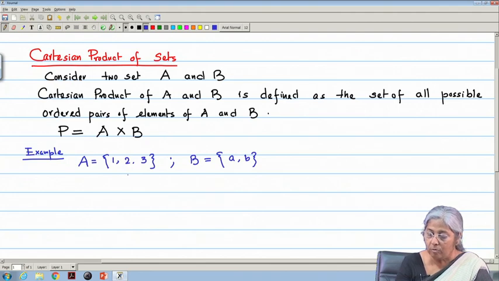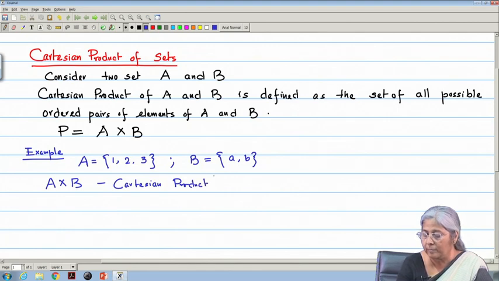So, A cross B is the Cartesian product of A and B, and these are the set of all possible ordered pairs.